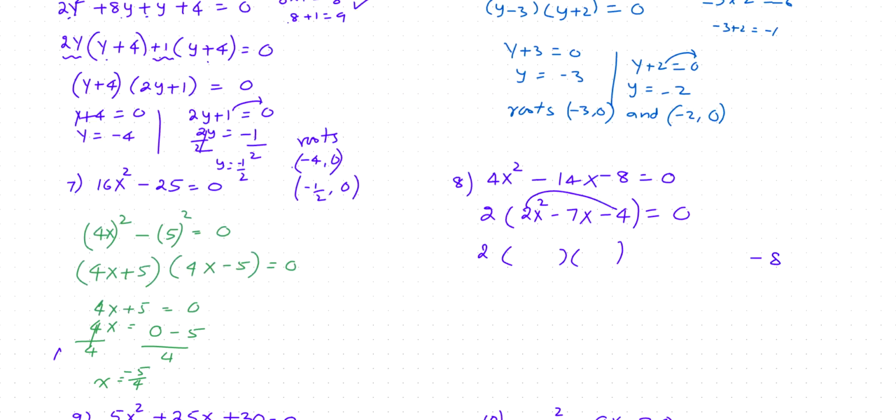So negative 8 times 1 is negative 8. If you add them, negative 8 plus 1 is negative 7. So now we can factor as grouping. We put two brackets.